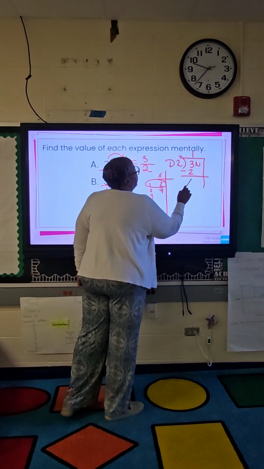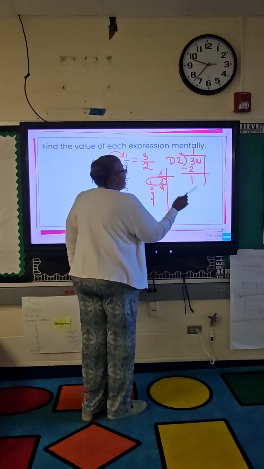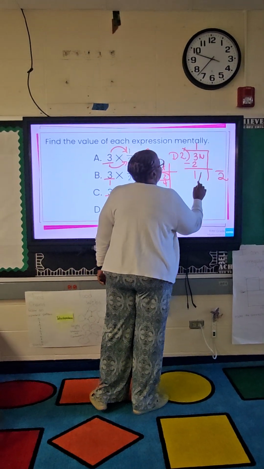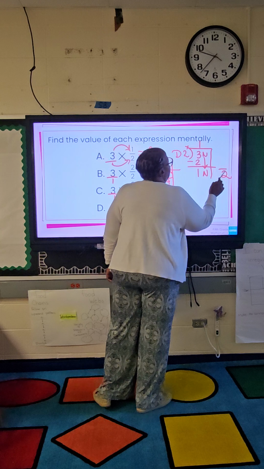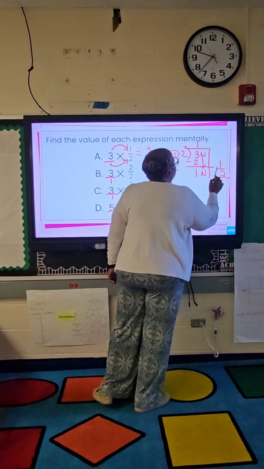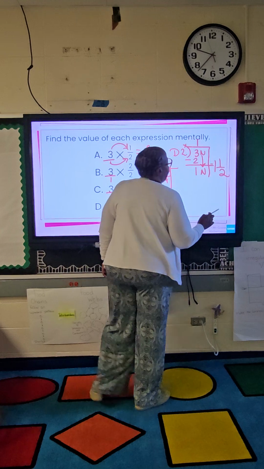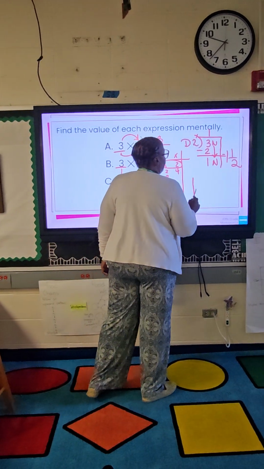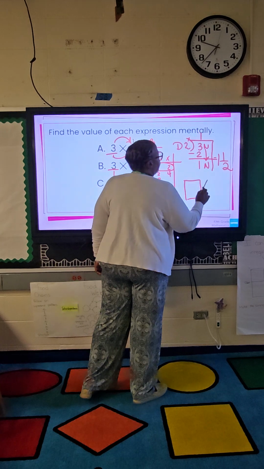That means I'm going to have a remainder. I know that this is my denominator. I know that this comes down in the house as my numerator, and I have a quotient of 1, so my answer is 1.5. Or I know that I'm supposed to have 3 halves.